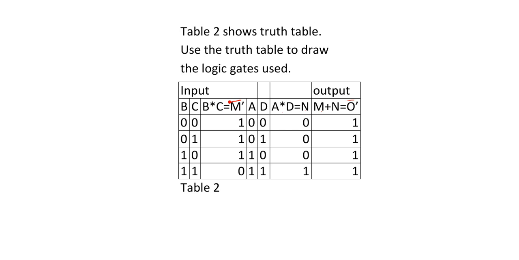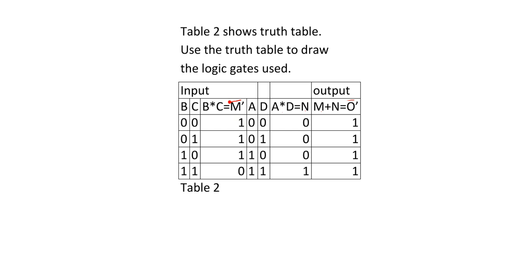So the result of B and C is complemented to get a result M. That is what is happening here, because 0 and 0 is 0. 0 inverted, we get 1.